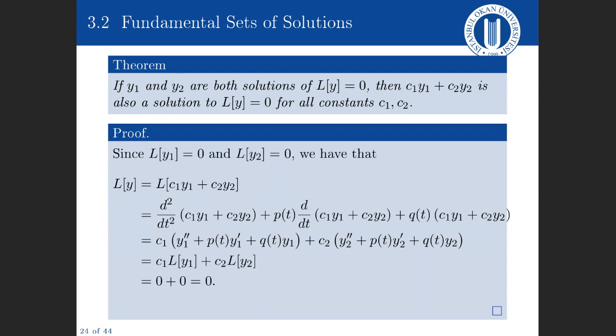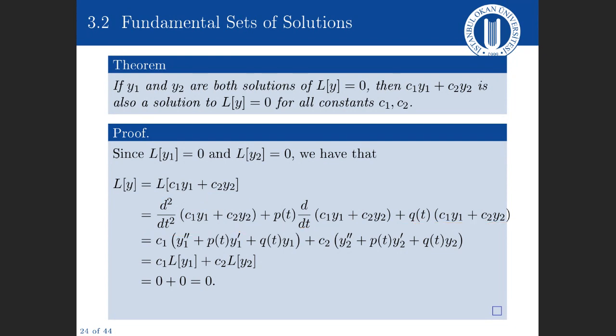And this is a very quick proof, so let's just run through this very quickly. I start with L of c1 y1 plus c2 y2. Put that into the definition. Two derivatives of c1 y1 plus c2 y2, plus p(t) times one derivative of this, plus q(t) times this.